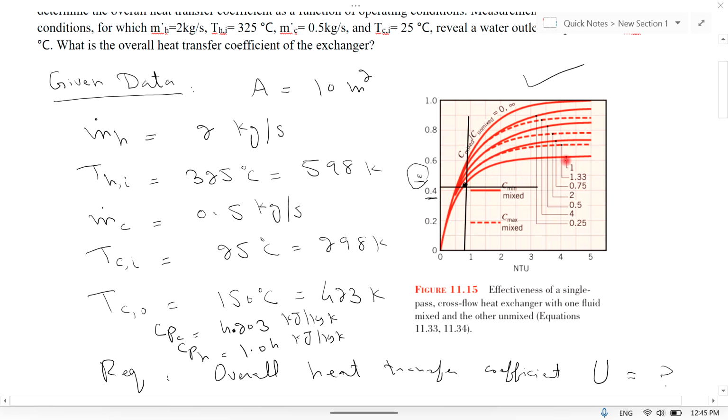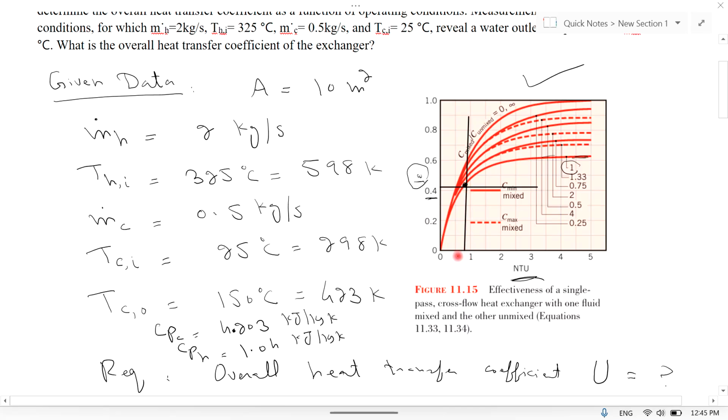These red lines are for the heat capacity ratio. This line is for 1, and our value is approximately 0.99. So a little below this line, draw a vertical line to the NTU axis.